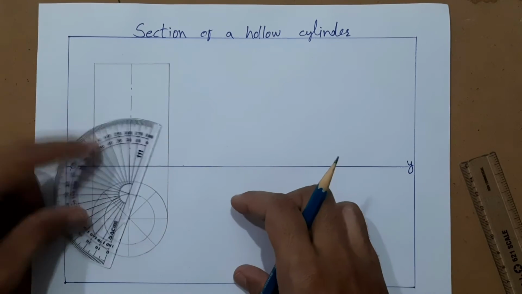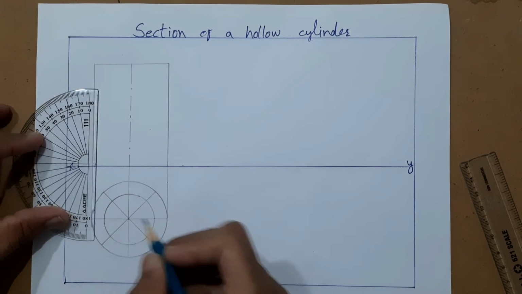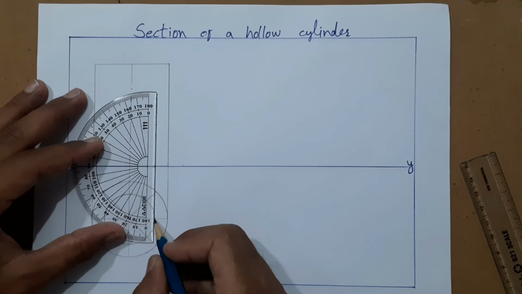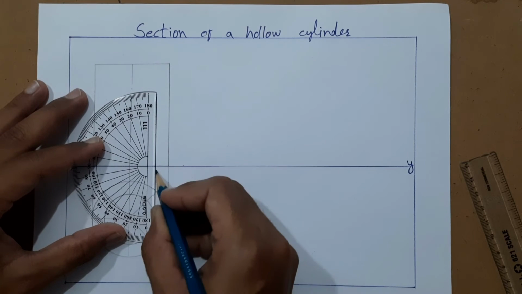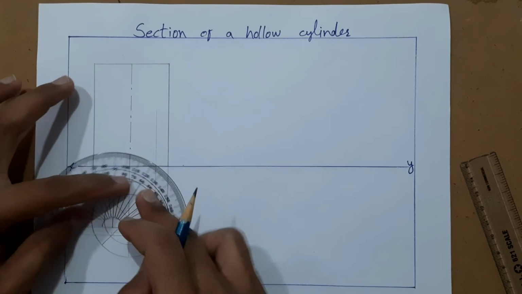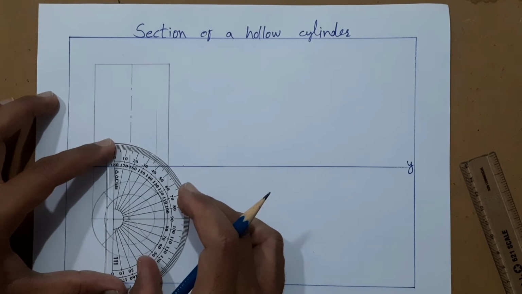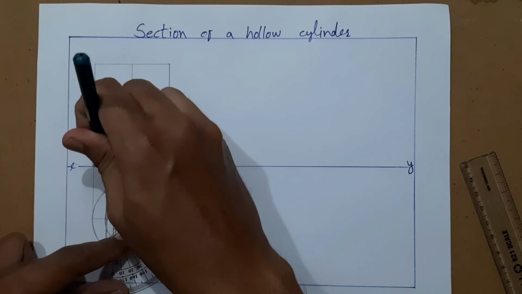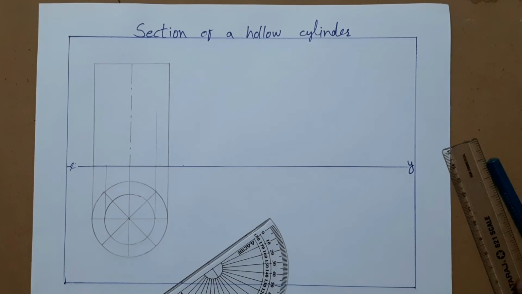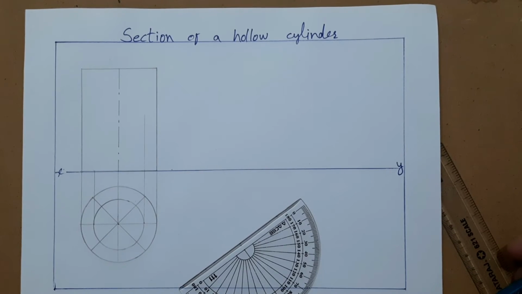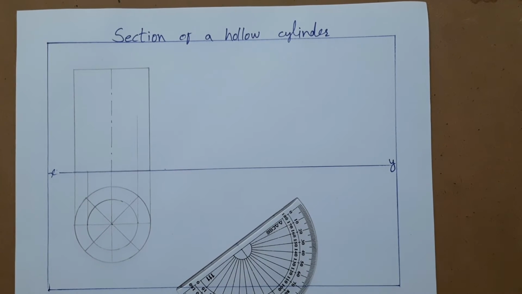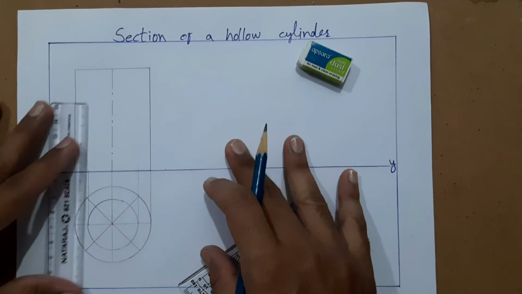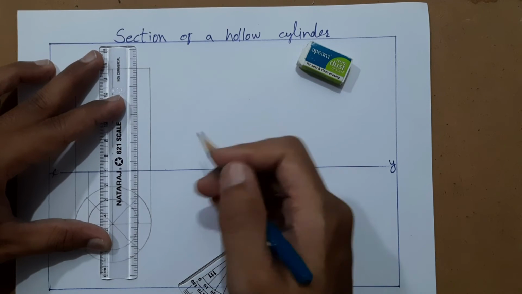Then taking this projector and this projector, these 2 points projectors upside, that is in the front view. Here comes the hidden edge of the hidden cylinder.